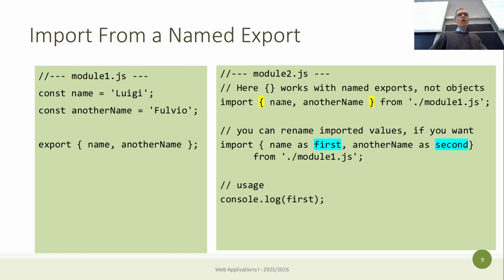From a named export, the syntax is just slightly different. So you see, you need to use the curly brackets, just to say that you want to import some of these exports here. In this case, we import everything, but typically libraries export a lot of things, and you want to import only what you require.